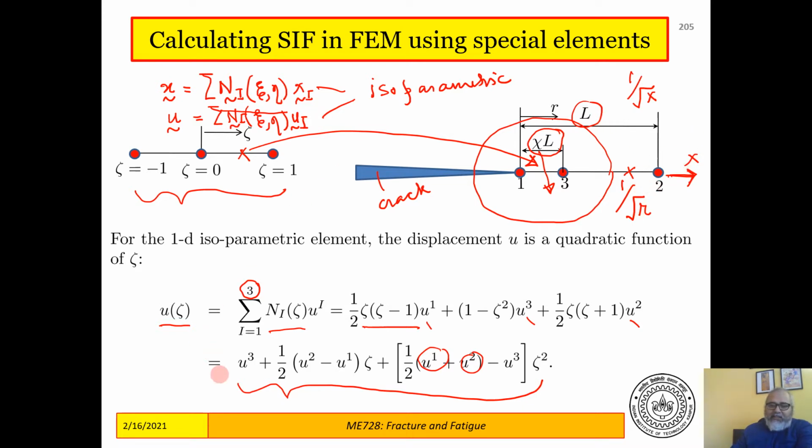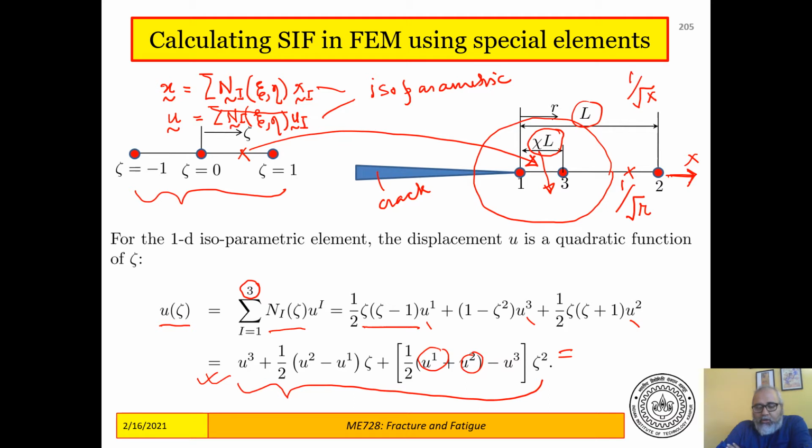But this approximation, in general, is not going to have that 1 by square root x variation if you use it just like this. It is always going to be a linear function of zeta and a linear function in x.